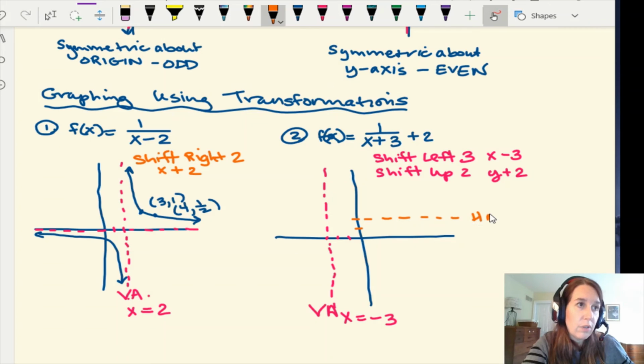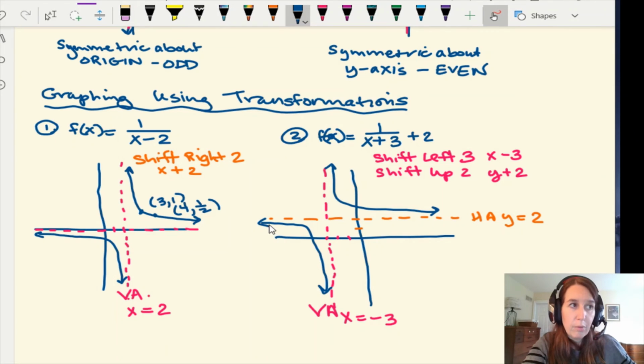So this is our horizontal asymptote of y equals 2. Okay, and then we're going to graph our function just approaching those asymptotes. If you're graphing in MyMathLab, you do need to probably add some specific points in, right? But that's just kind of what the graph would look like if you're doing this by hand.